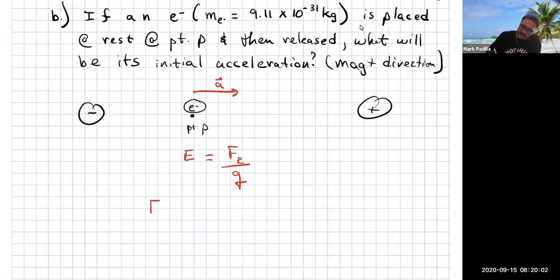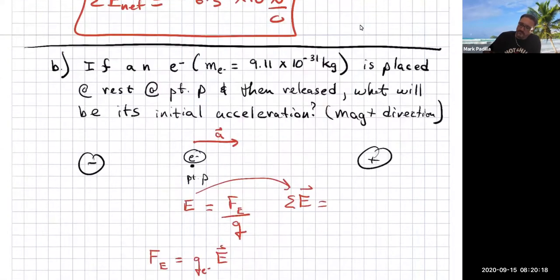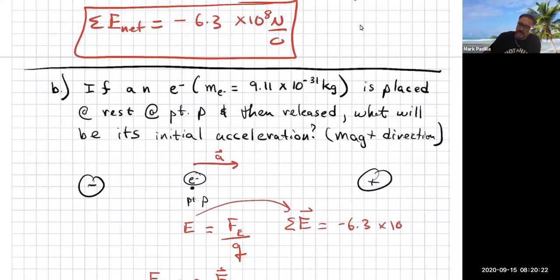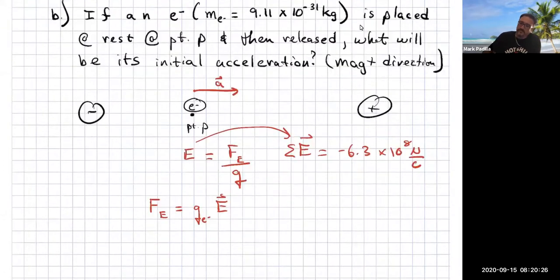So I could say force electric is equal to Q of the electron times the electric field. And the electric field, the sum that we got, was the number above. Negative 6.3 times 10 to the what? 8th newtons per coulomb.